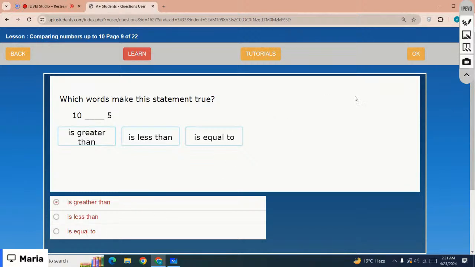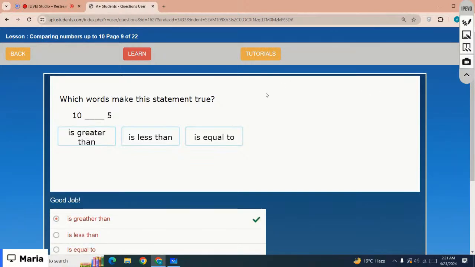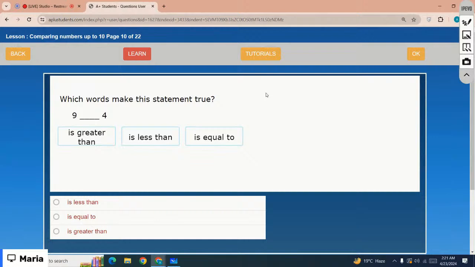The correct option is greater, right? Okay, you can complete the lesson by yourself later today. Let me just move on to the next lesson.